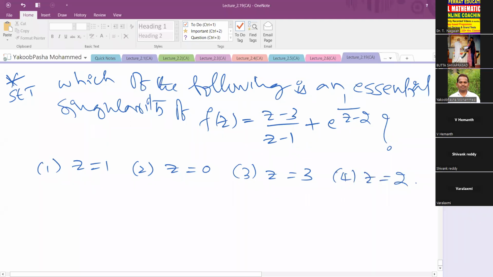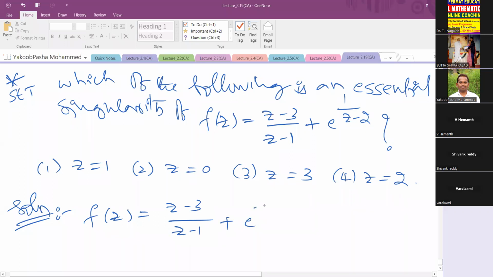Essential singularity means the non-analytic part has infinitely many terms. First, we have to expand the function. f of z can be represented as (z minus 3) divided by (z minus 1) plus e to the power of 1 by (z minus 2).